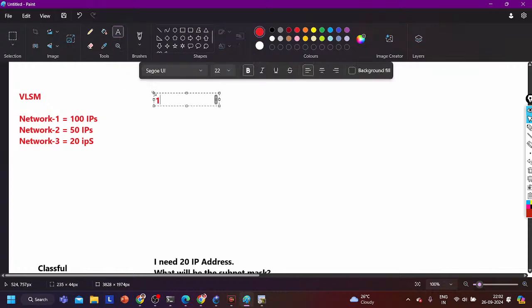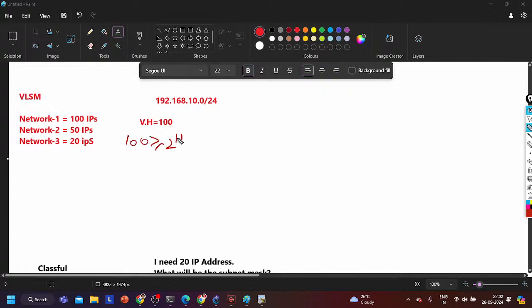The main subnet is 192.168.10.0/24. Now I need valid IP addresses. Valid IP equals 100. That means, guys, 100 should be greater than or equal to 2 to the power h minus 2. What should be the H?